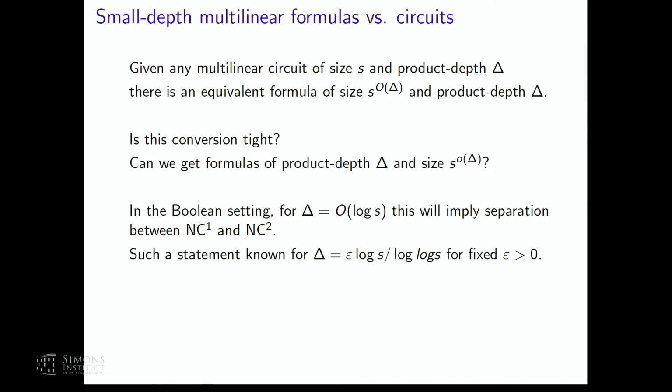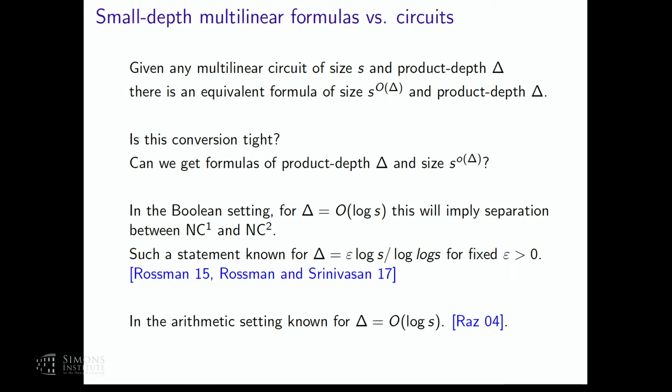For delta of this order, but for a fixed epsilon, a result of Rossman and Srinivasan shows that in this regime of delta, the answer to that question is no. Any size s circuit of product depth delta, if you were to convert to product depth delta but size s to the little o of delta, this is not possible as long as delta is in this regime for Boolean circuits.